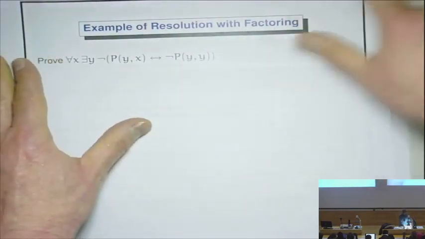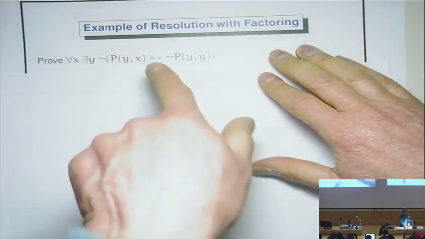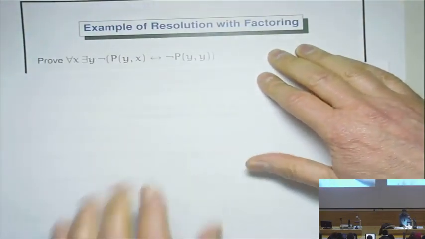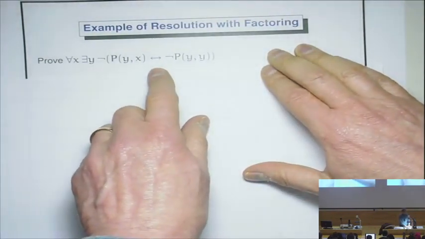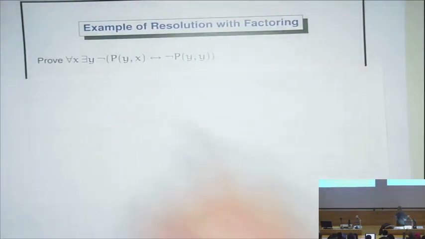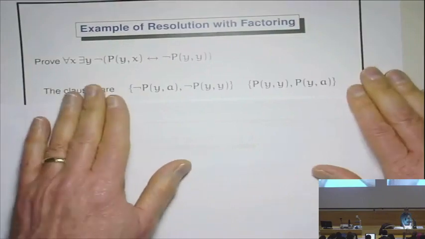If anyone is ever cruel enough to ask you to turn this into clauses, it's really very tricky, because there are two ways of unfolding if and only if, and you need to know which one to choose to have the least work to do. That's why we let computers convert things to clauses. But this is a theorem, so we negate it, we go through all the rigmarole, and we get just two clauses.